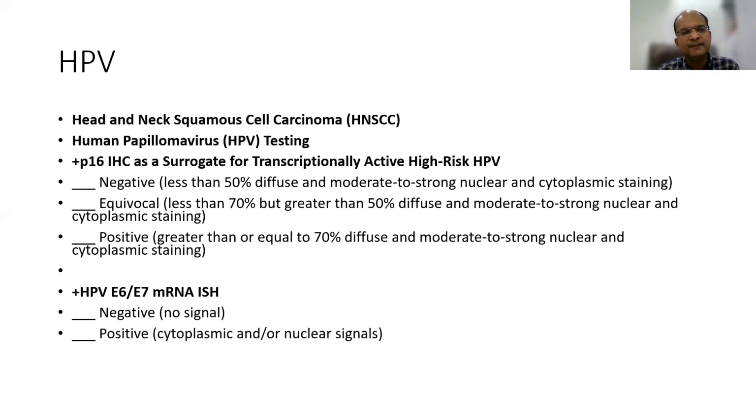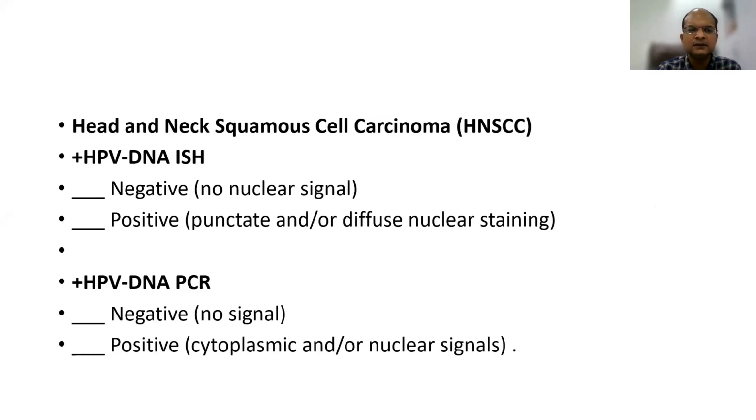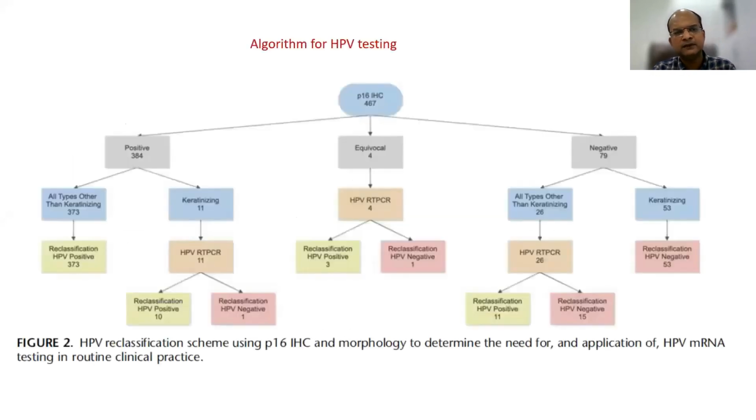We can do screening by HPV IHC; if more than 70% of tumor cells show diffuse moderate to strong nuclear and cytoplasmic staining, it is considered positive. Apart from IHC, two types of ISH are available, mRNA and DNA ISH, and two types of RT-PCR, DNA RT-PCR and RNA RT-PCR, are available.